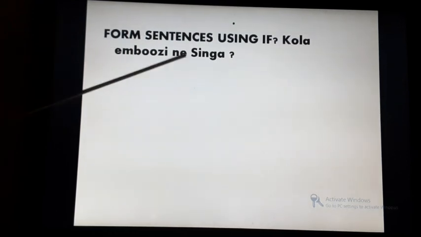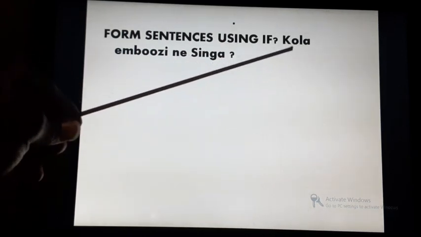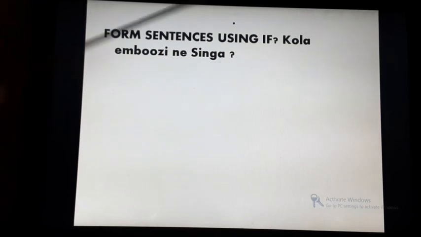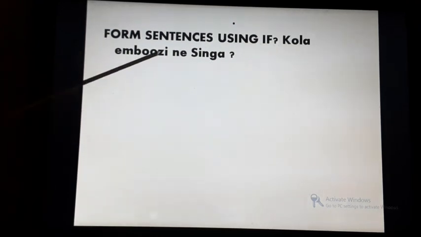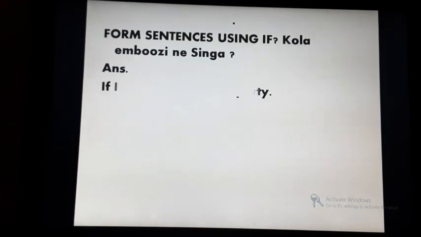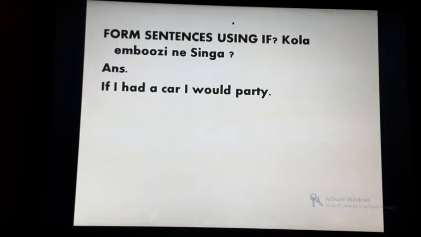Form sentences using if. Kola emboozi ne singa. We looked at using if. If in Luganda is singa. You can form your own answers and leave them in the comment box.